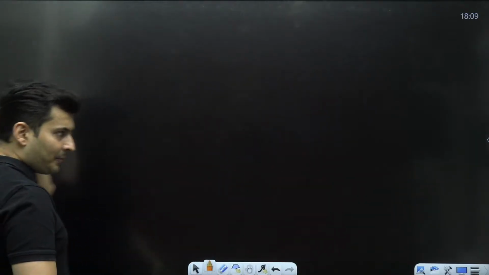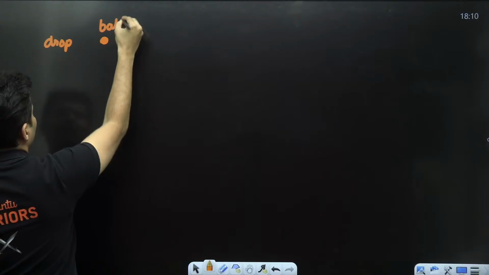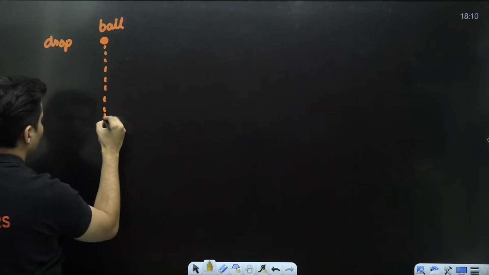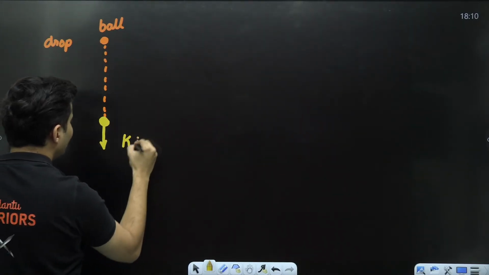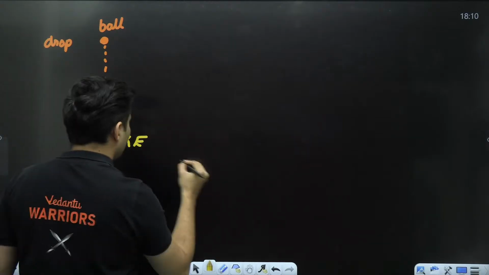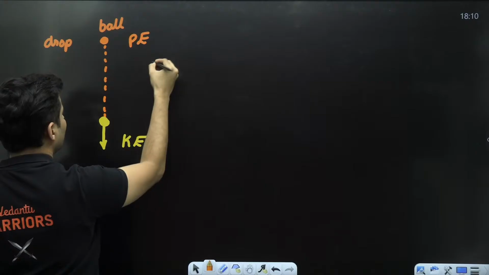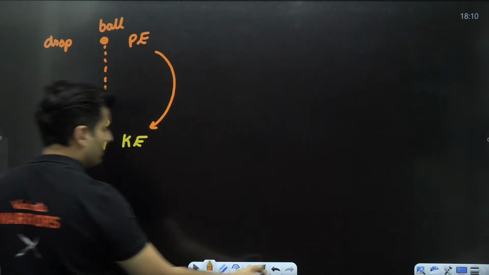Say for example, you drop a ball from some height. You will see it will go down, and assuming there is no air resistance, this ball will gain some kinetic energy. So where does this kinetic energy come from? It comes from the potential energy. The potential energy converts itself into kinetic energy.